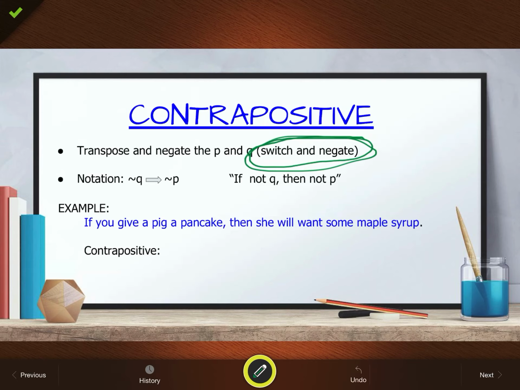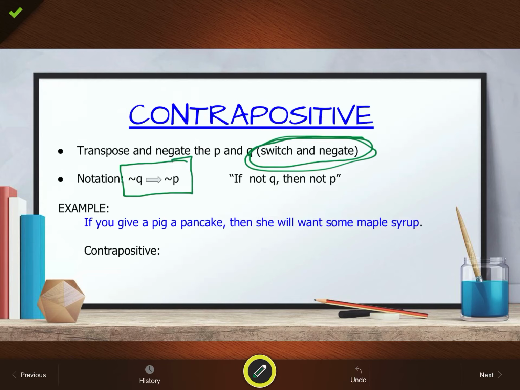There's the notation. The little thing that looks like a squiggly is the symbol for negation. That's what they use to show that that piece has been negated. And then you have your arrow and then your P. Again, you read it, if not Q, then not P.